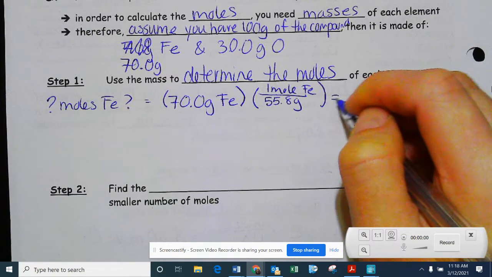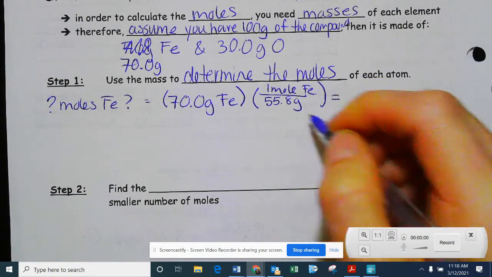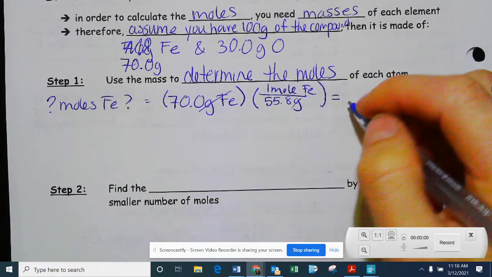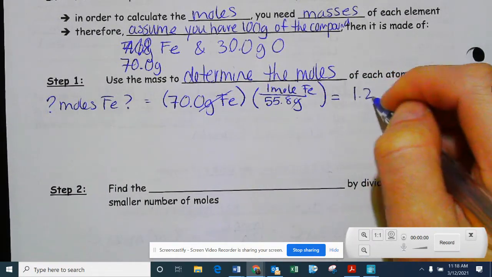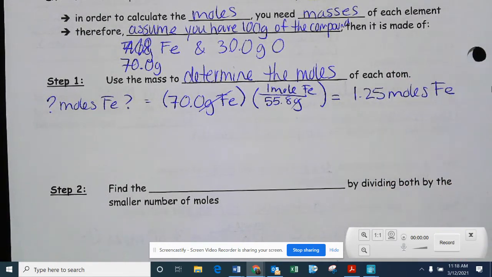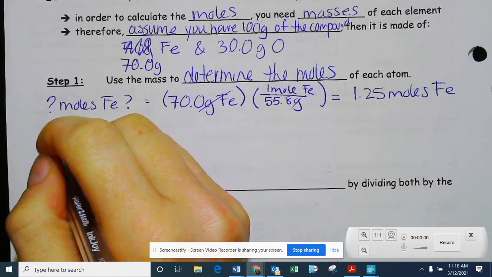So we've canceled out our grams, and we're left with moles. We have got 1.25 moles of iron. Okay, are we all with me for how we got from percentage to moles of iron? Okay, good.